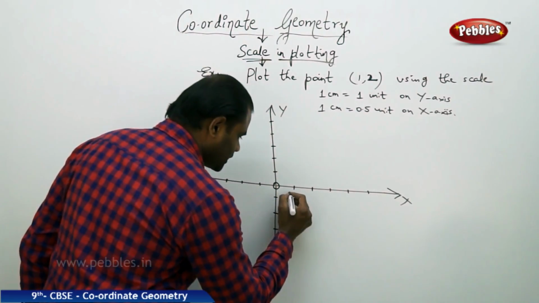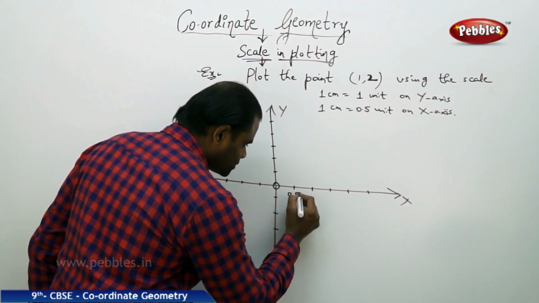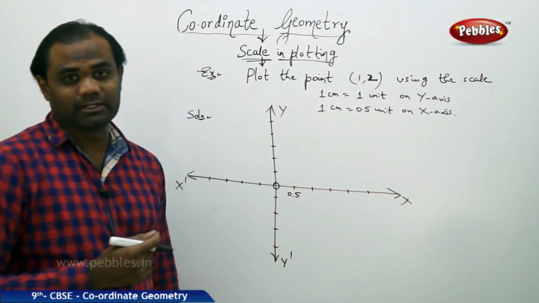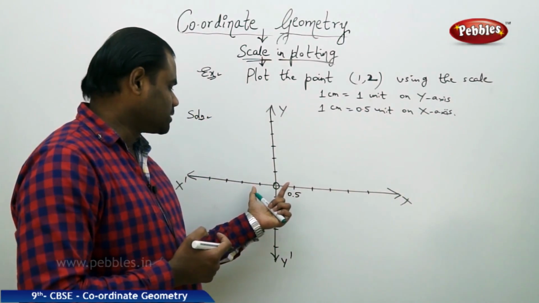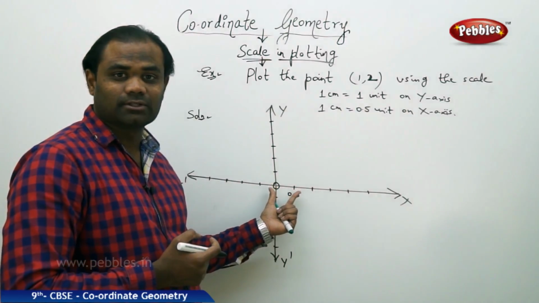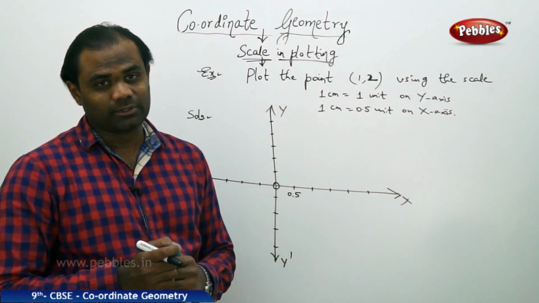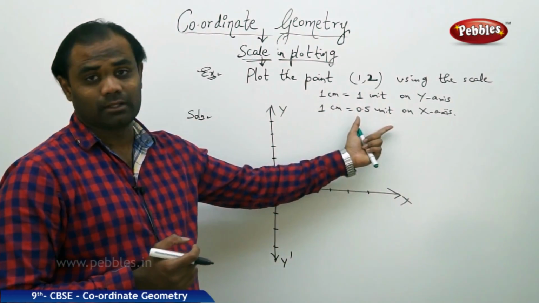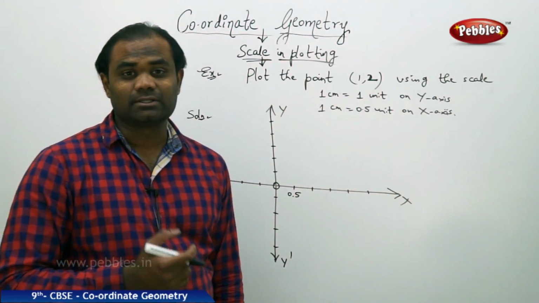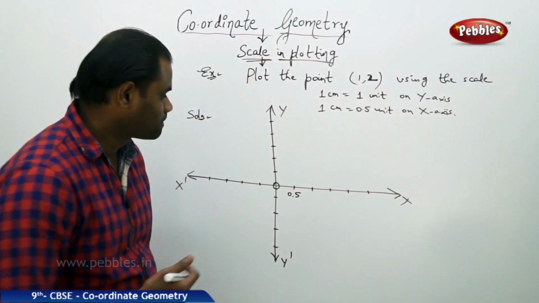Therefore, I do not take this as 1, but I take this to be 0.5 units. Indirectly, the 1 centimeter measurement on the graph sheet by this grid refers to 0.5 units actually by the scale. This is how we understand the scaling concept.